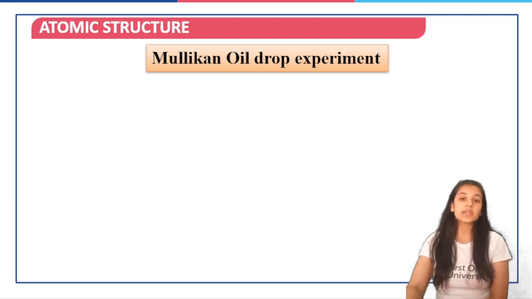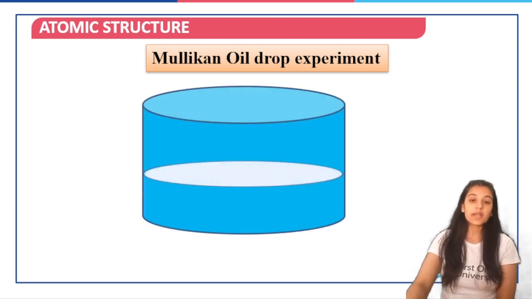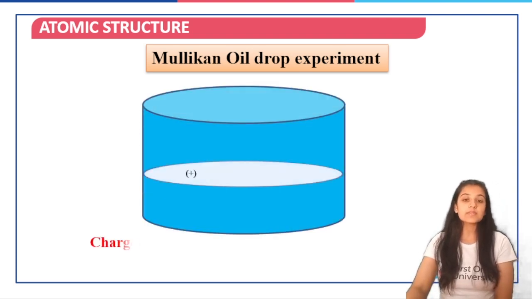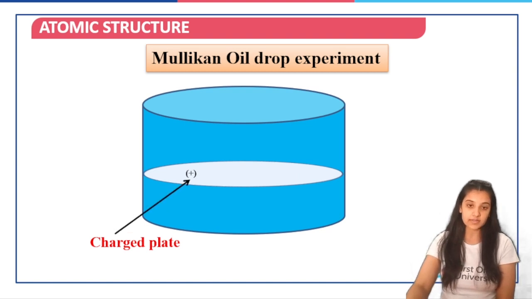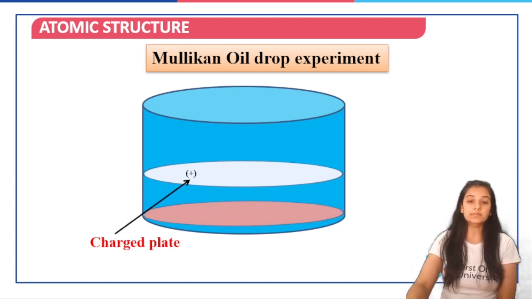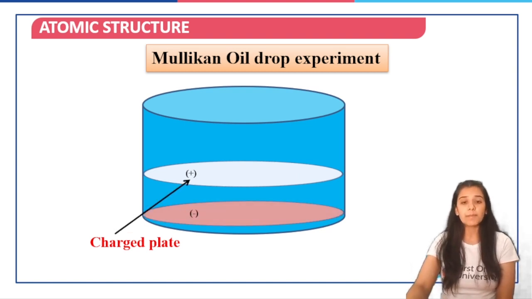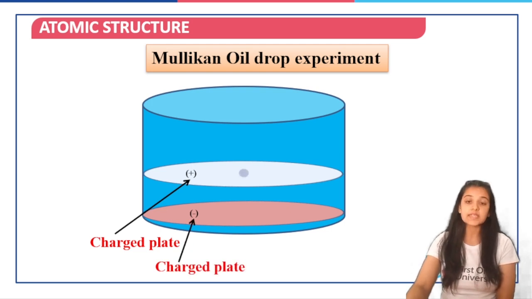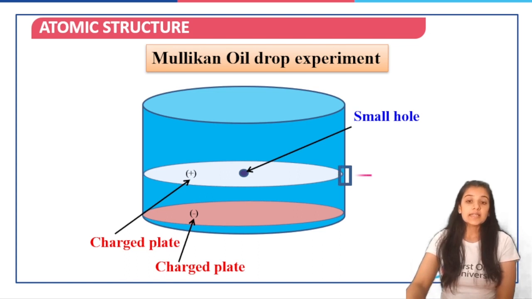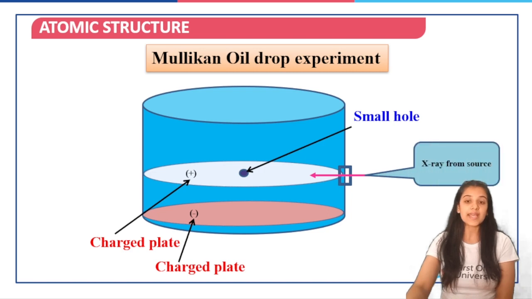Now, what was this Millikan oil drop experiment? A positively charged plate was placed above a negatively charged plate, and there was a pinhole, a small hole made in it. This was also connected to another hole from which the X-ray was entering through the source.